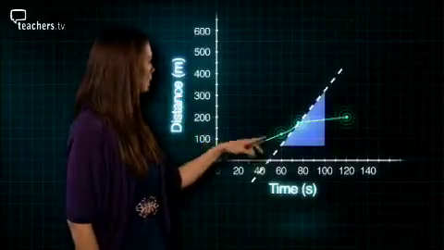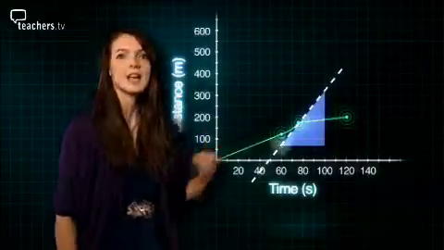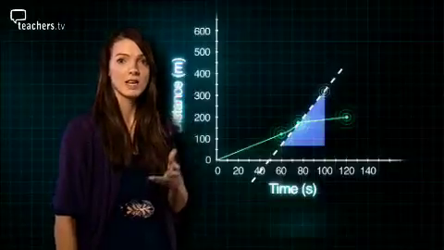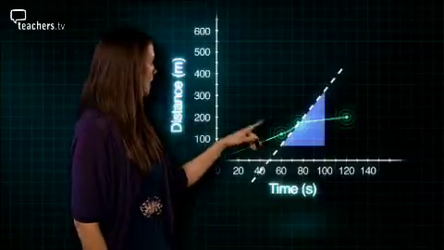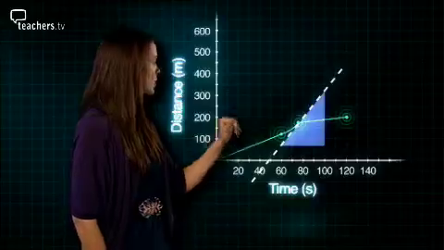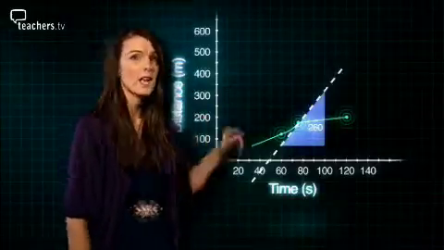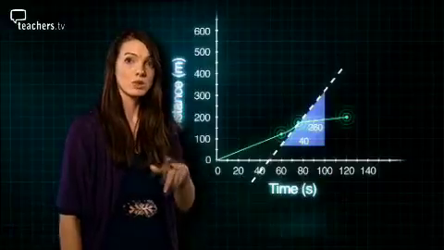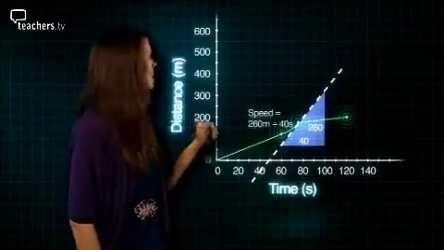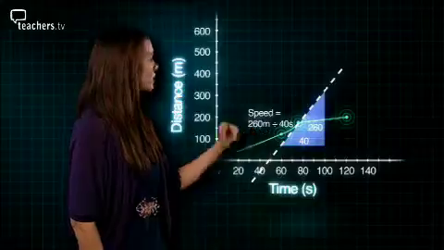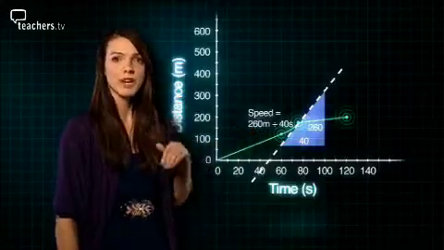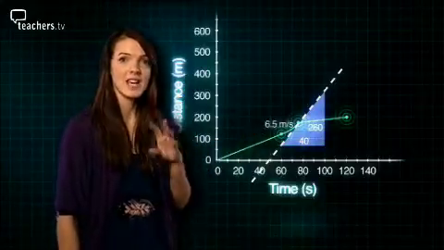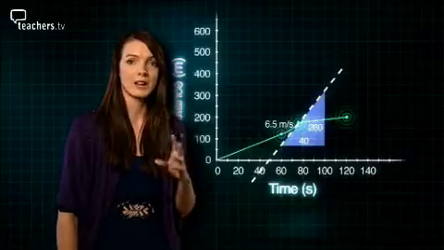Now, our triangle joins the coordinates 60, 60 and 100, 320. And as you can see, the triangle has a height of 260 meters and the time is 40 seconds. So we can use the speed distance time formula to work out the speed. So that's 260 meters divided by 40 seconds, and that gives us 6.5 meters per second.